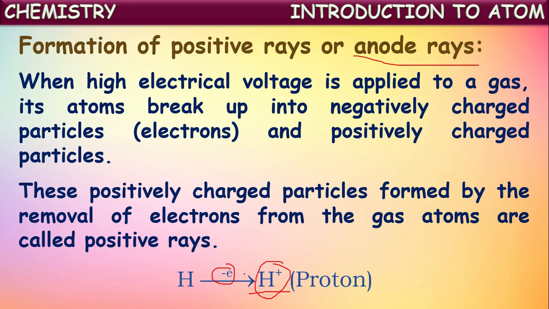So along with the negatively charged particles, certain positively charged particles are also produced. These positively charged particles produced from the gases are known as anode rays or positive rays, which are also called canal rays.